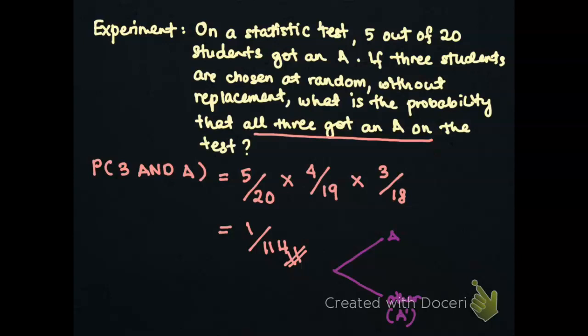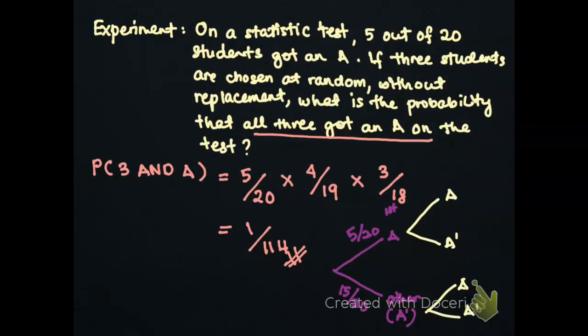A is 5 over 20 and the rest will be 15 over 20. This is your first event. Now the second event of getting A, and this one will be A prime. Now I'm only focusing on A, 3 students with A.